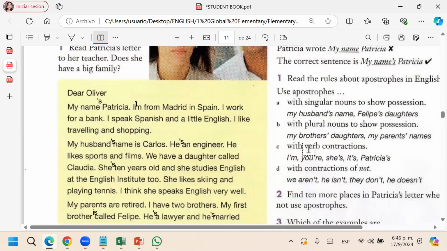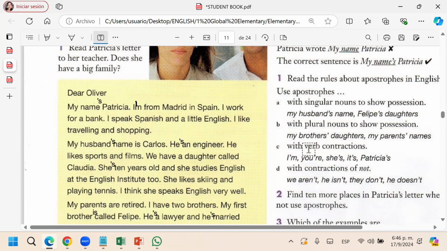Okay. Dear Oliver, my name's Patricia. I'm from Madrid in Spain. I work for a bank. I speak Spanish and a little English. I like traveling and shopping. My husband's name is Carlos. He's an engineer. He likes sports and films. We have a daughter called Claudia.